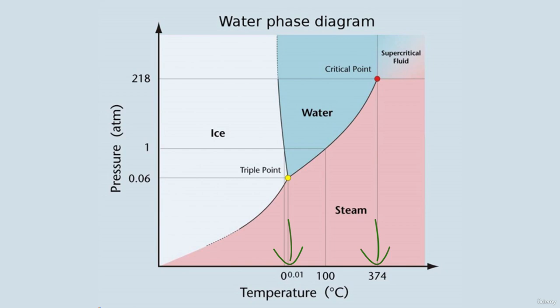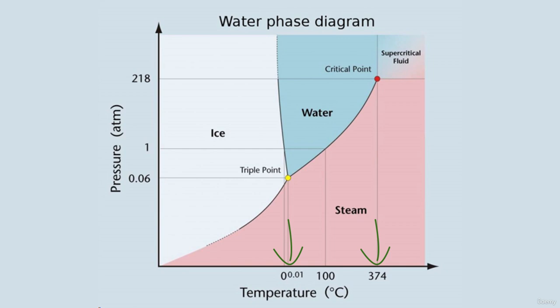Simply set the vapor fraction to 1, and HYSYS will calculate the saturation pressure for you. But what if you want to calculate this for many temperatures, say from 0.01 degrees Celsius up to 374 degrees Celsius in 5-degree intervals? That's where the case study tool becomes very useful.